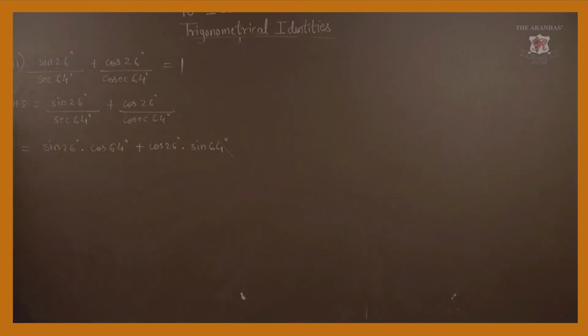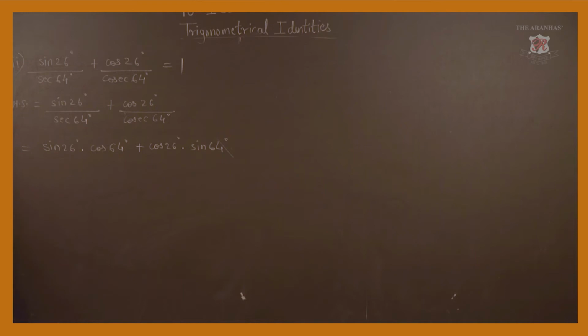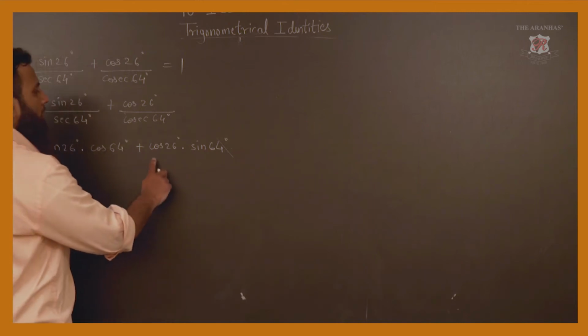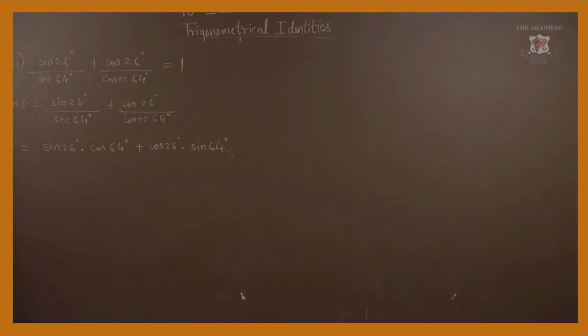Now what I can do in this case is select any one out of it. Like sin 26 degree can be written as cos of 90 minus 64 and cos 26 degree can be written as sin 64. Anyhow, like as you say, in this case it can be done.